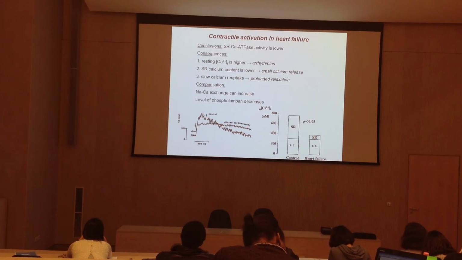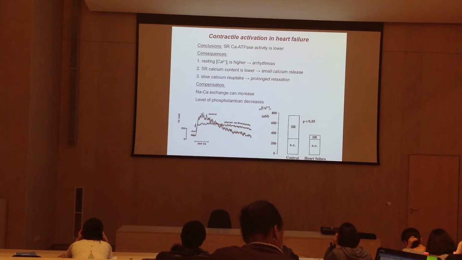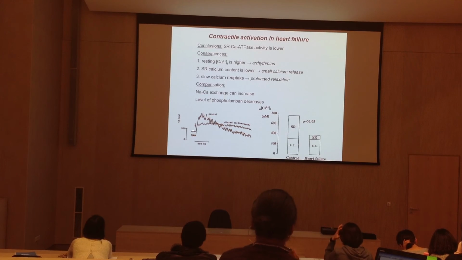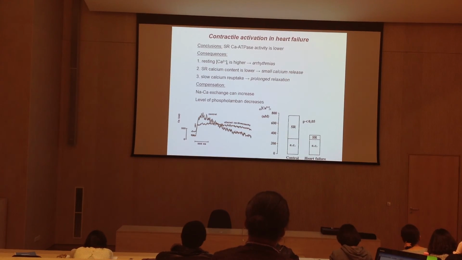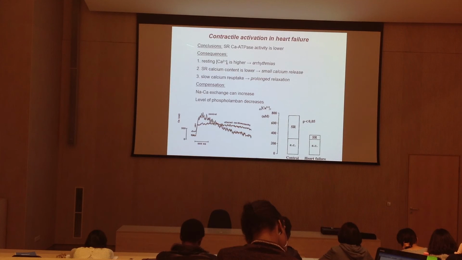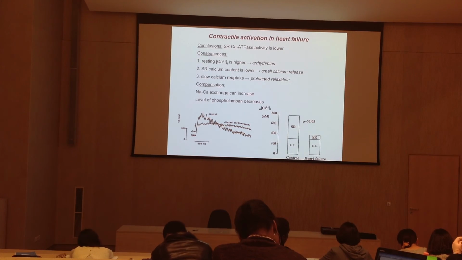What is the other? Because the calcium ATPase activity is low, it means that the reaccumulation of the calcium back to the SR is smaller. Therefore, the calcium content of the SR is lower. Therefore, the calcium content which is available for the next release is smaller.